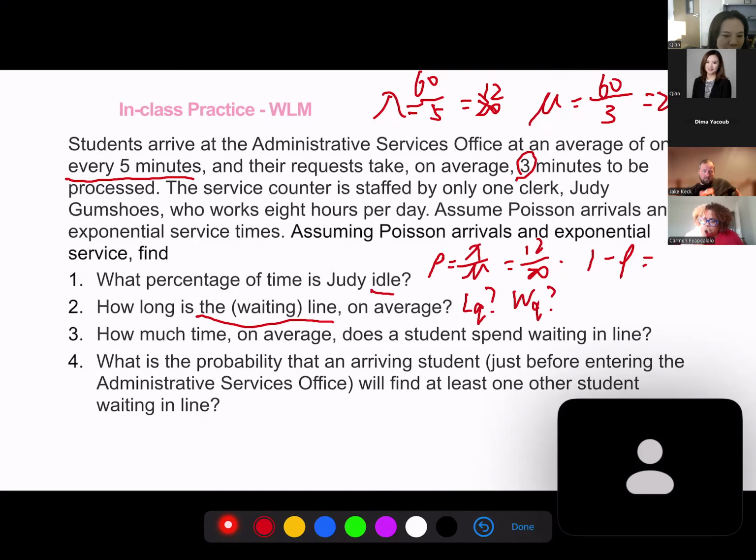It's L or W right now. I have an L, and I have a W here.